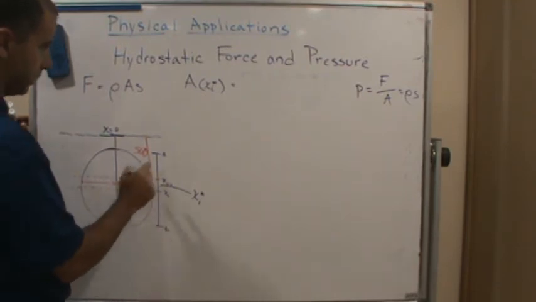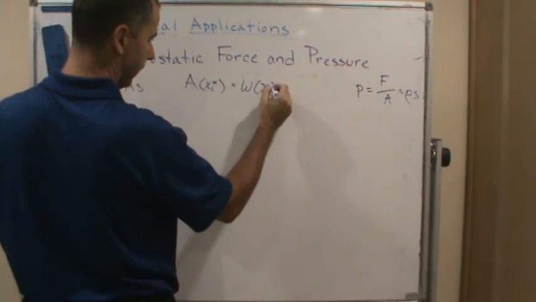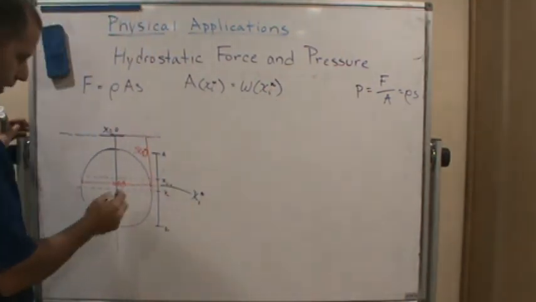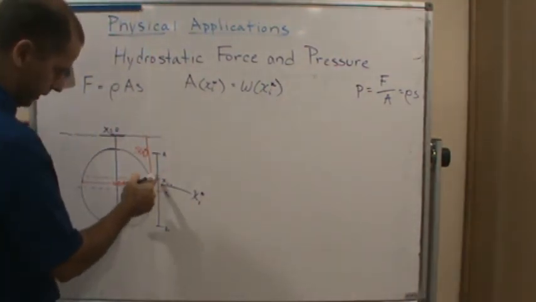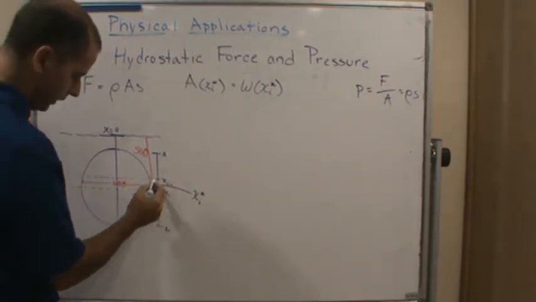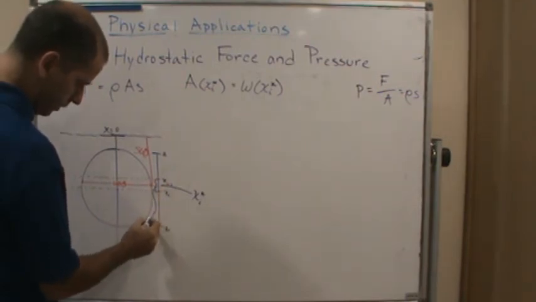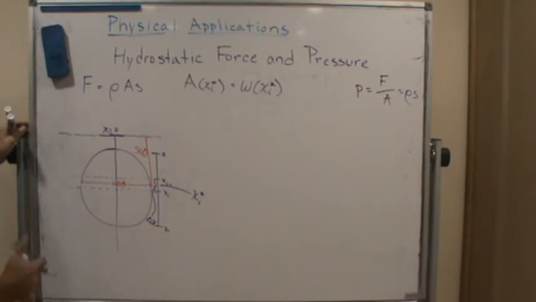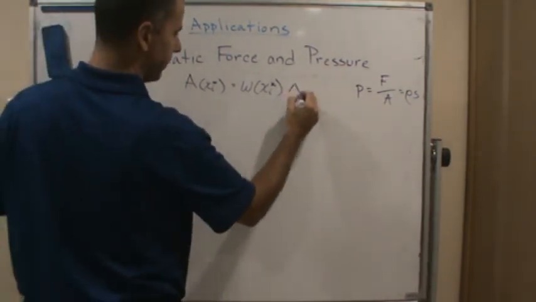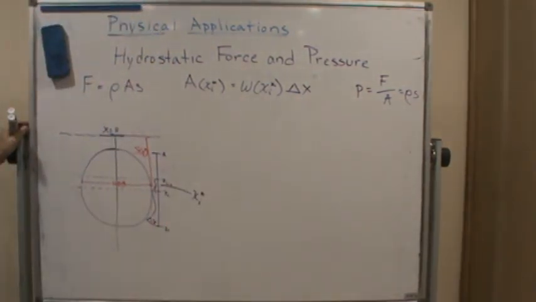That's your w of x sub i star. But what I forgot was that the width of the strip is the distance between x sub i and x sub i plus 1, which we know is delta x. Remember, regular subintervals. So that's our delta x, and this is the area. Okay, I got ahead of myself.